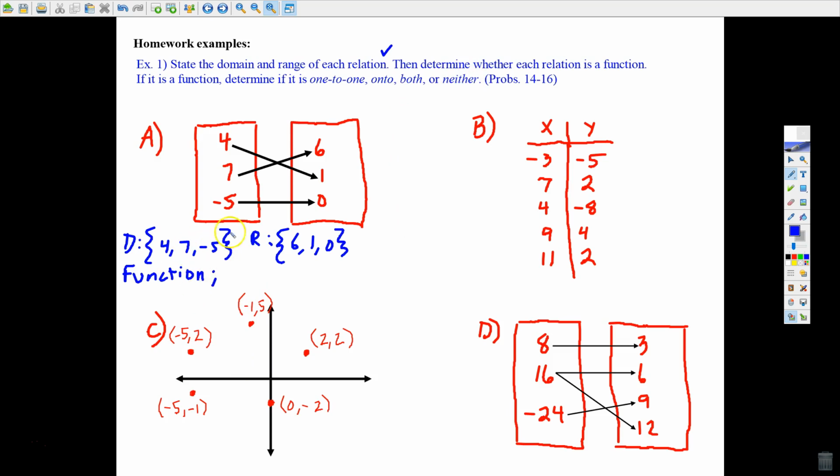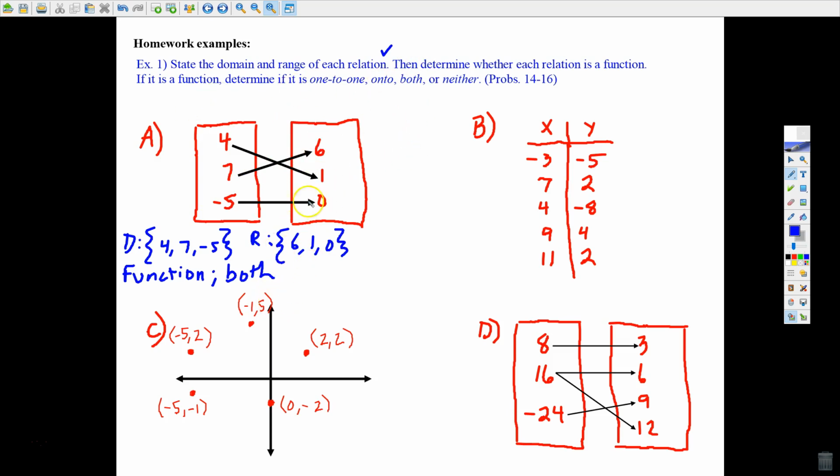So let's see, do we have a unique pairing, domain to range, domain to range, domain to range? And yes, that's true. It's also true going the opposite direction. So this would actually be both. This would be considered one-to-one and onto. So we're going to just say it's both.